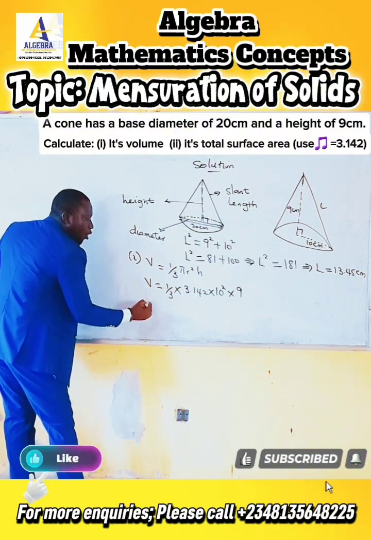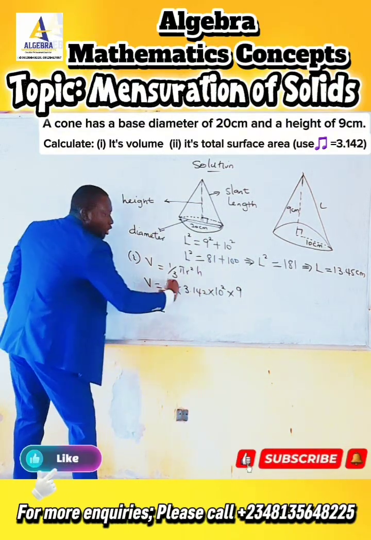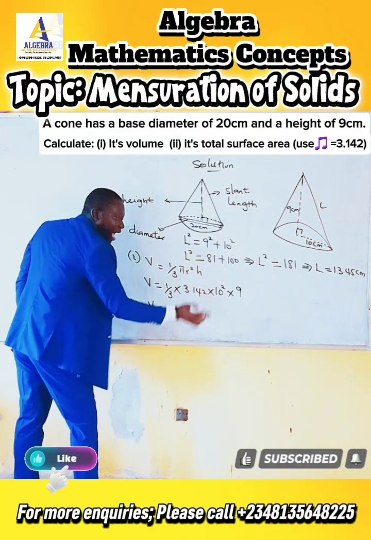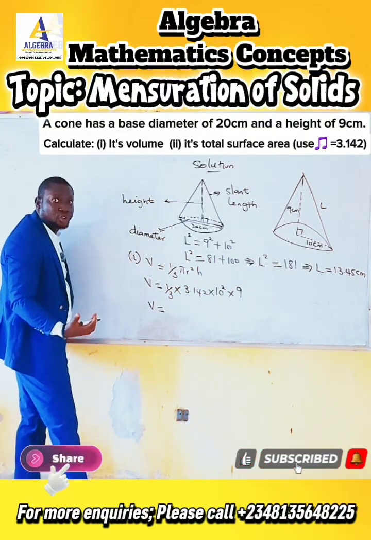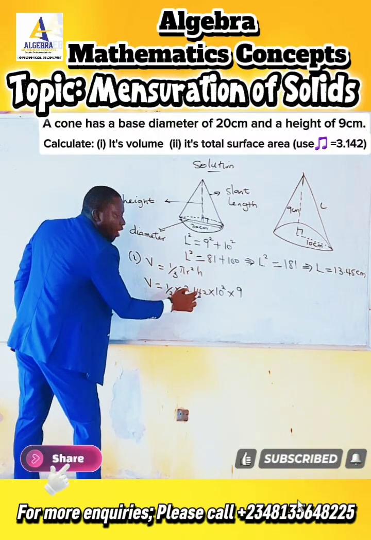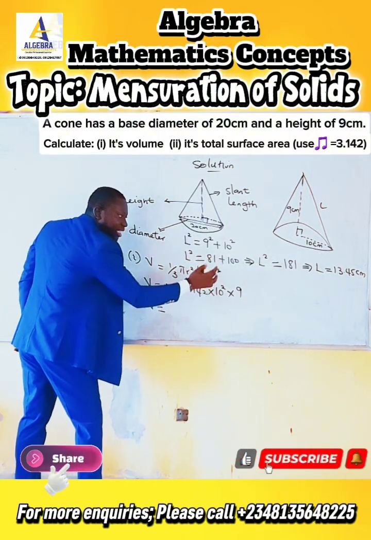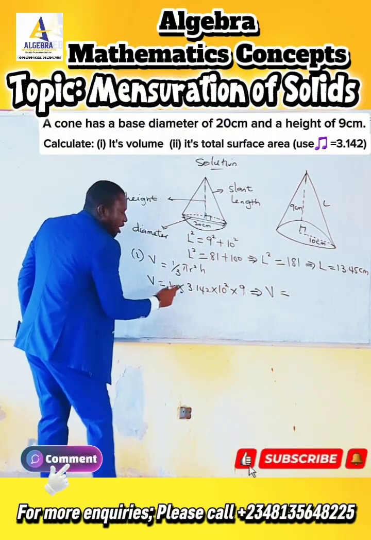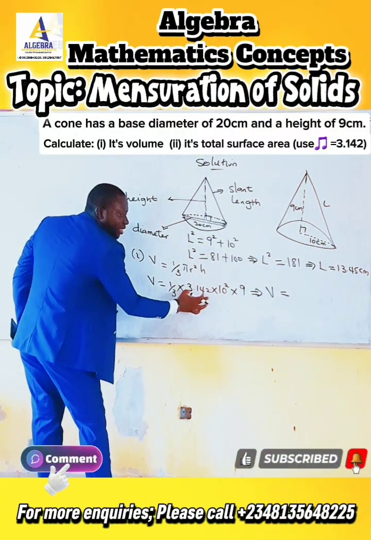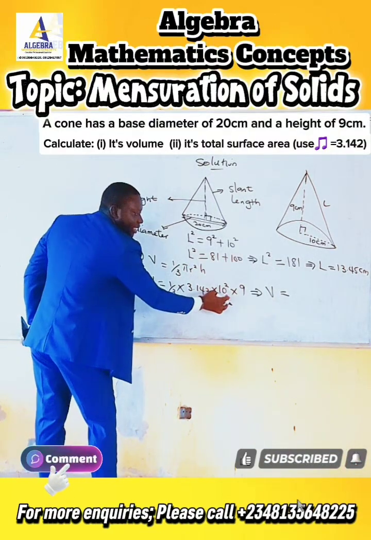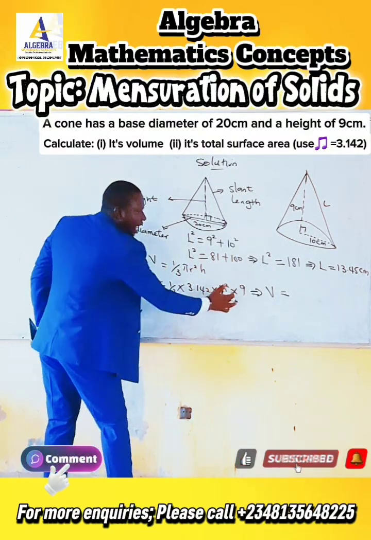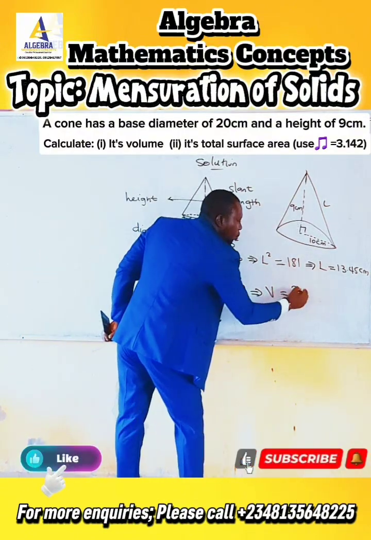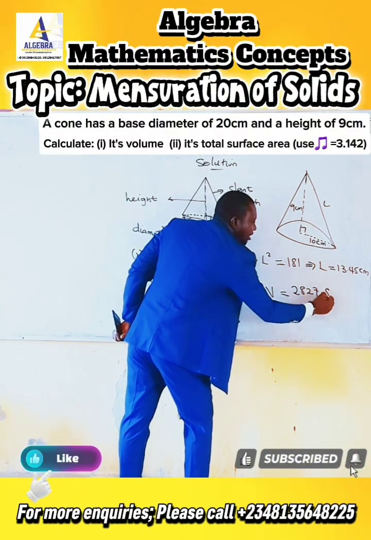Volume equals, let me multiply everything in the numerator. That is 3.142 times 10 raised to the power 2, which is 100, times 9. This will give me 2827.8.